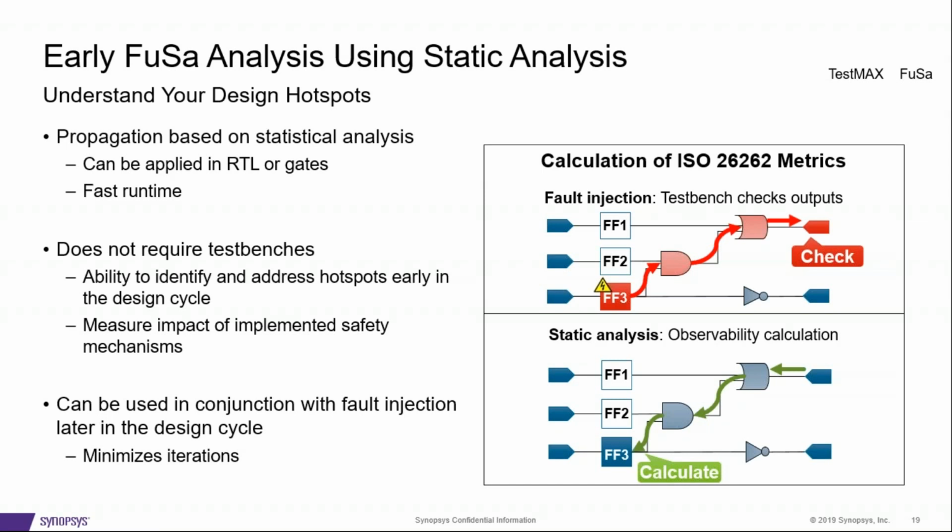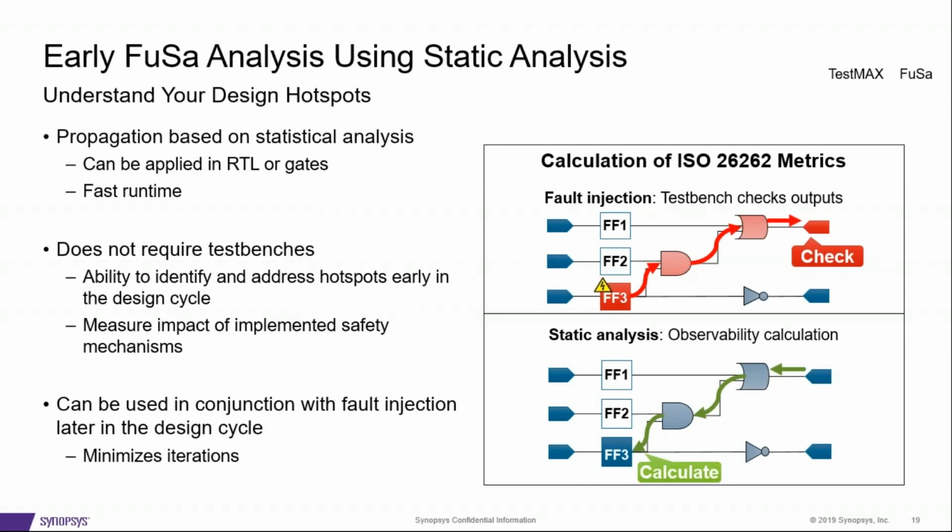What's good about this is, well, it doesn't require any test bench. It doesn't require vectors. So it's going to go and analyze the design statically. You can read either your RTL or gates. Most likely you're going to do the RTL stage because you want to do this early enough so that you can decide whether the safety mechanism is adequate enough for the ASIL targets that you're aiming for.